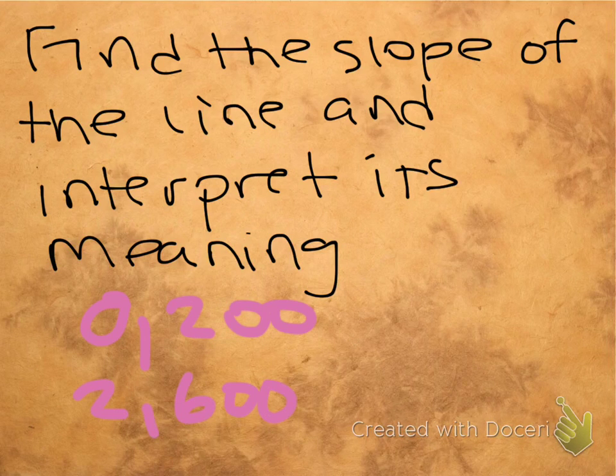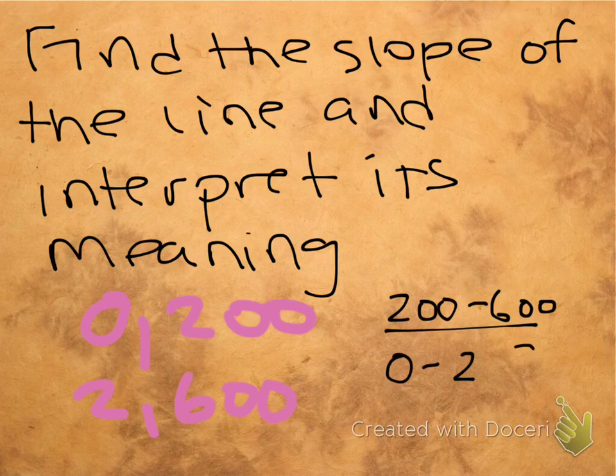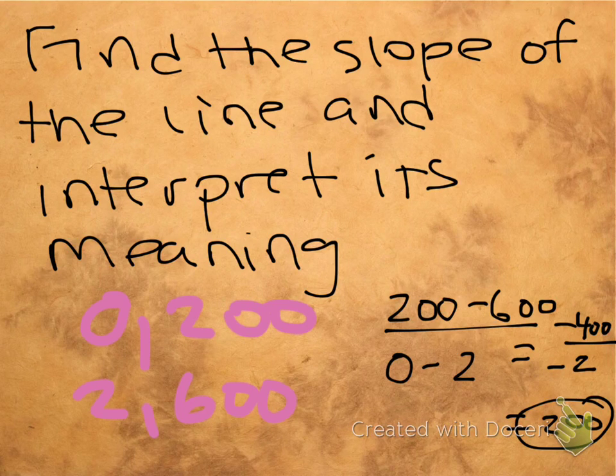And we're going to subtract the y's over the x's to get negative 400 over negative 2, or positive 200. And that would be our slope.